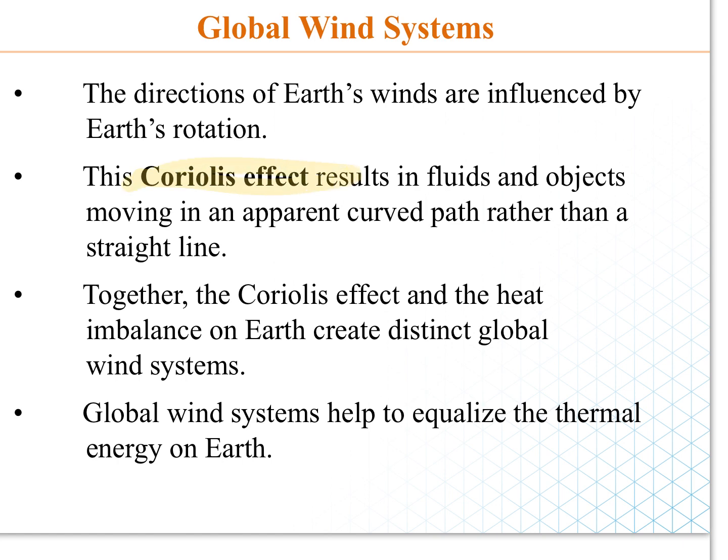So you probably want to hit pause and fill in some of the important points here on the Coriolis effect, like the apparent curved path rather than a straight line.